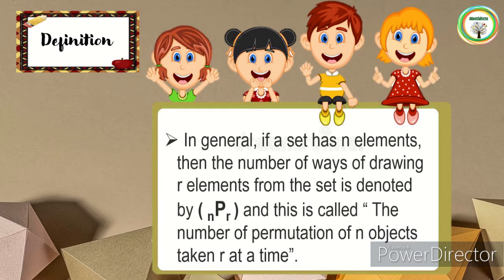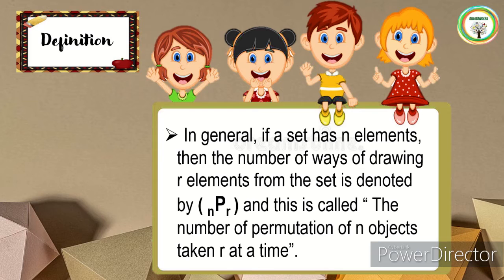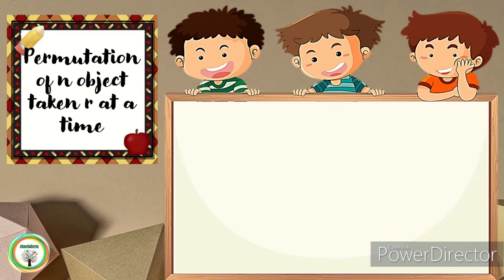So in general, if a set has n elements, then the number of ways of drawing r elements from the set is denoted by nPr, and this is called the number of permutations of n objects taken r at a time.